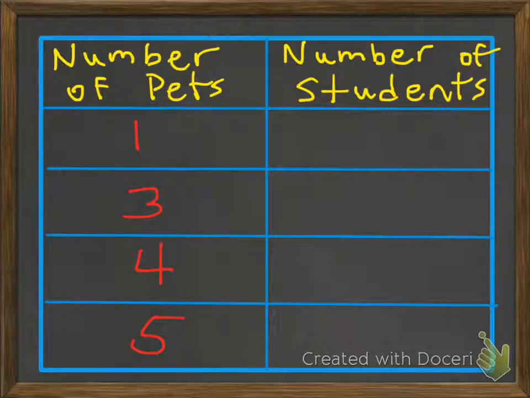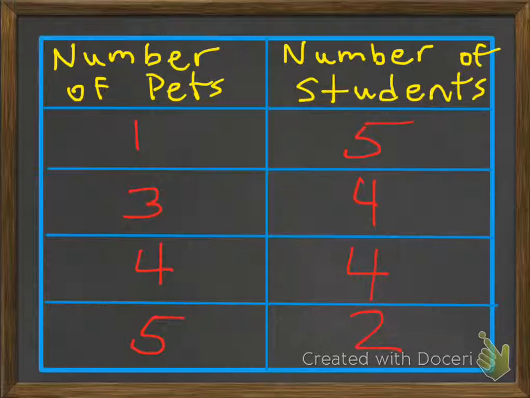So we could put it all together here. Let's say the number of students that had one pet would be 5. If you have 3 pets, we're going to say 4 there. And how many people had 4 pets? There's 4 that had that. And 5, we're going to say that there were 2 people.